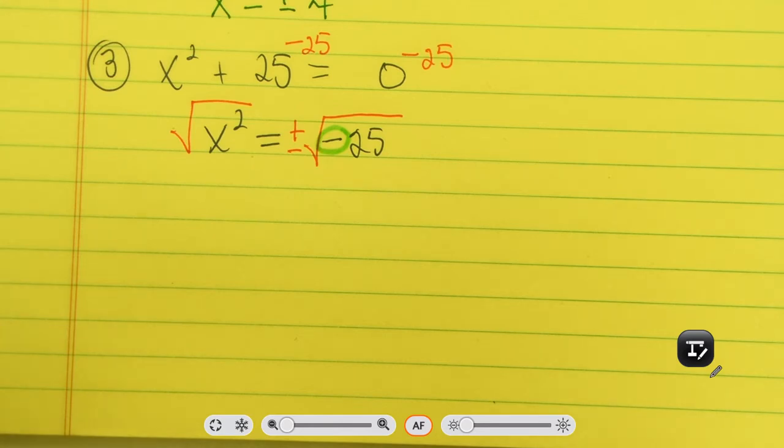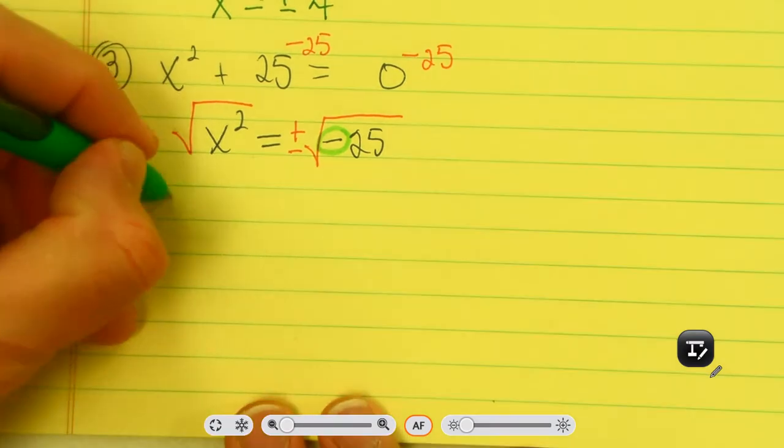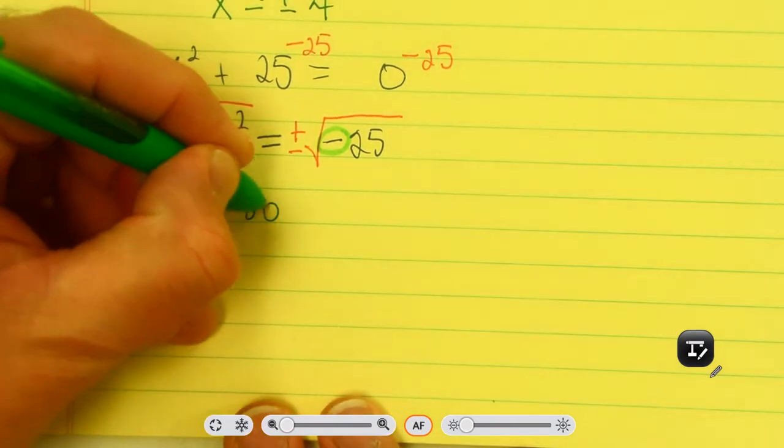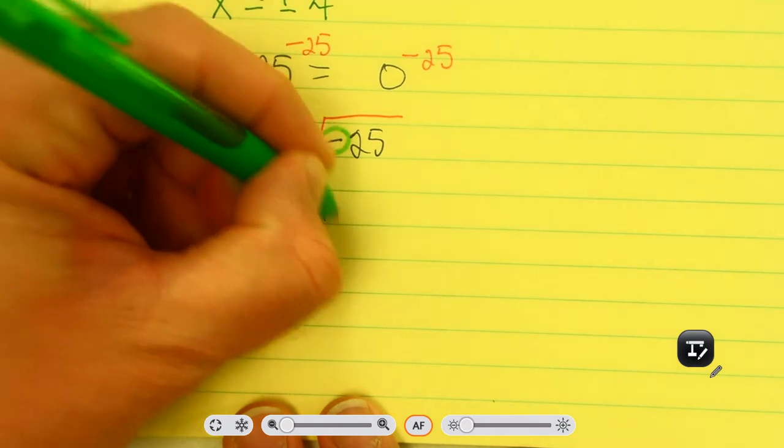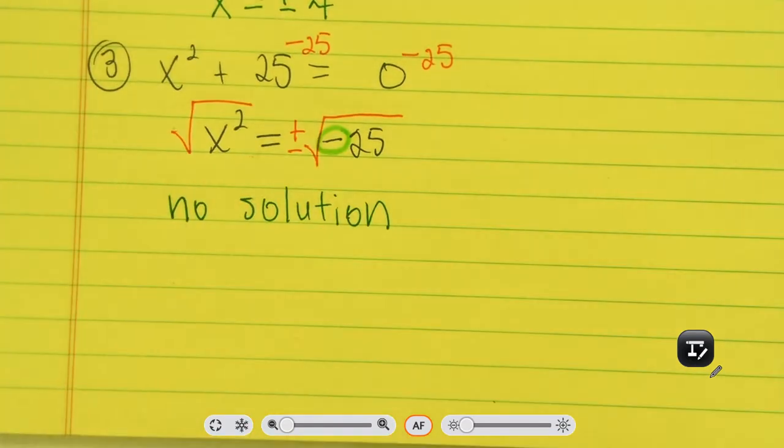But if I'm squaring something, if I want to find its square root, they've got to be the same. They've got to both be positive or both be negative. So here's my answer to this one. It is no solution. You have to type that in, just the words no solution.